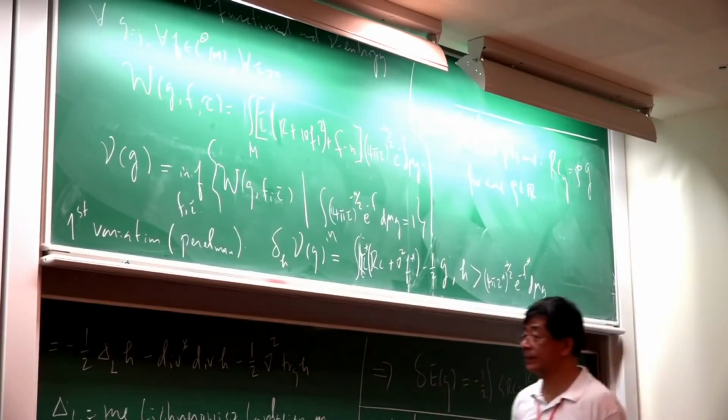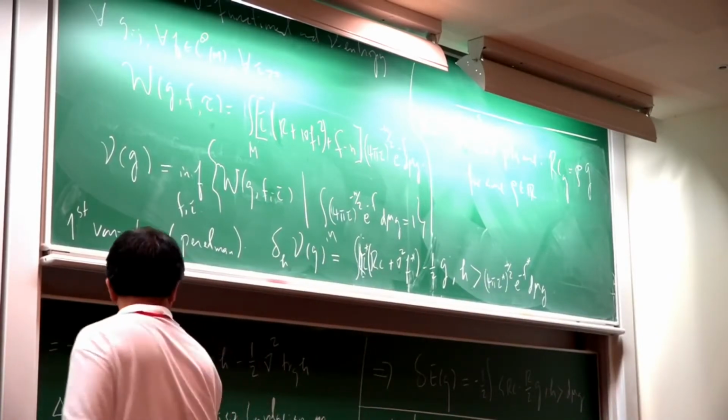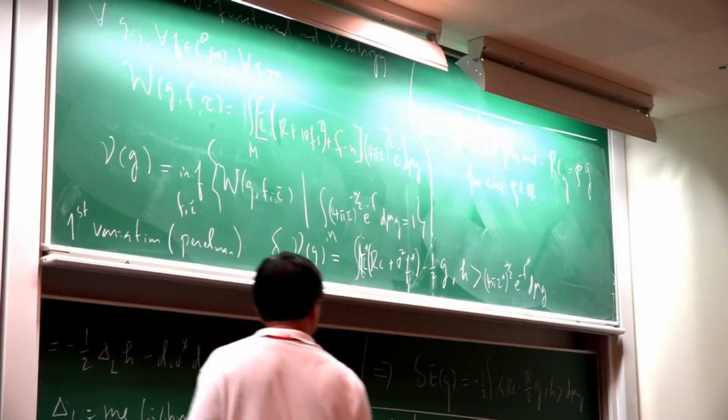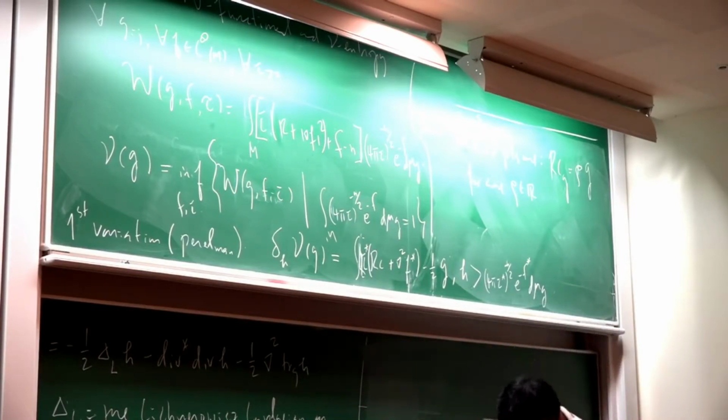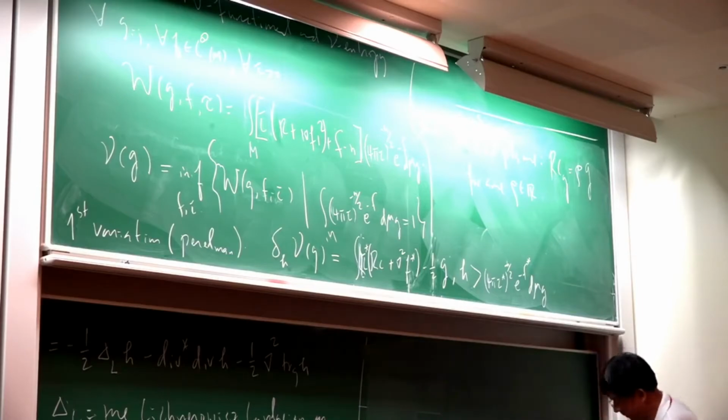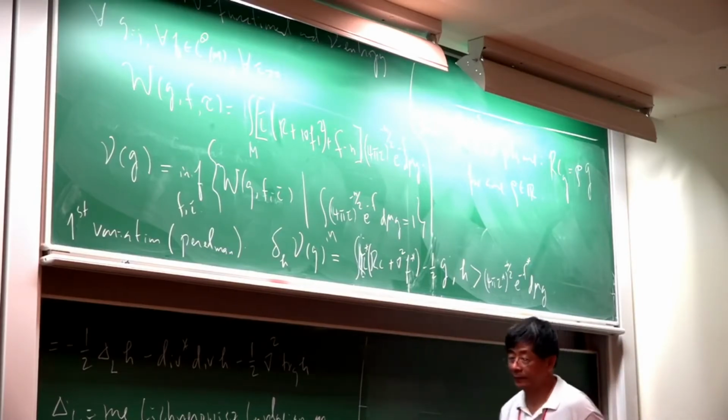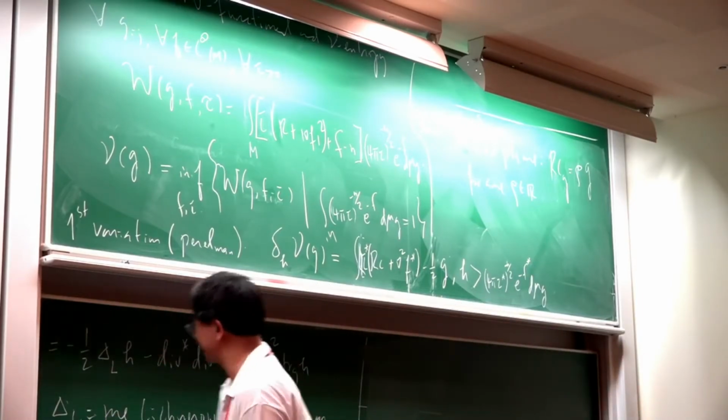So the critical points will essentially give us the shrinkers, Ricci shrinkers, gradient Ricci shrinkers.